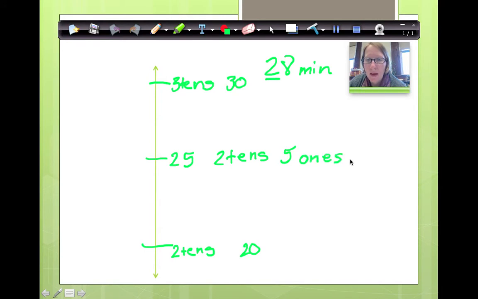Okay, now we need to label where 28 is. I'm going to change my color for this, and we'll change it back to blue. So where is 28? Well, this would be 26, 27, 28 is going to be about here. Now, I don't have to label every single one, but we could. 26, 27, 28 is going to be right here, and this would be 29.